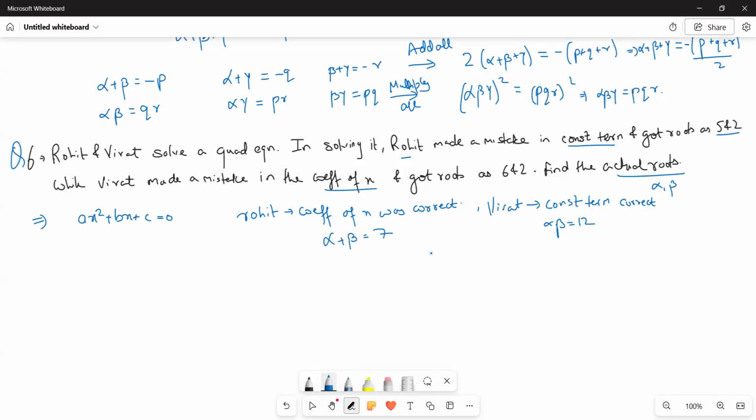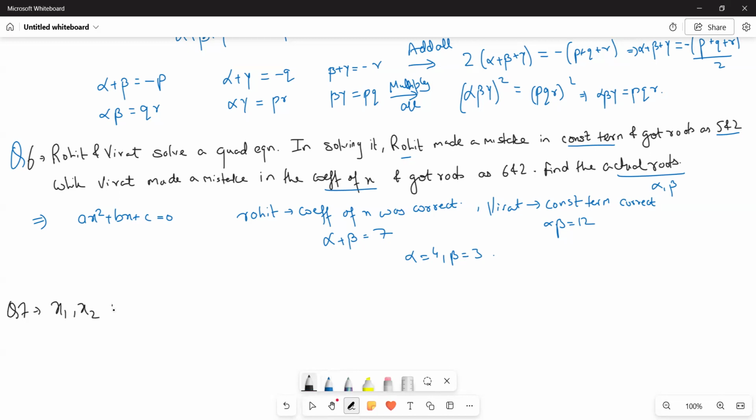So in that case, what would be the roots? Sir, 4 and 3. 4 and 3, sum 7, product 12. Is the question clear? It's a very simple question. Next question.